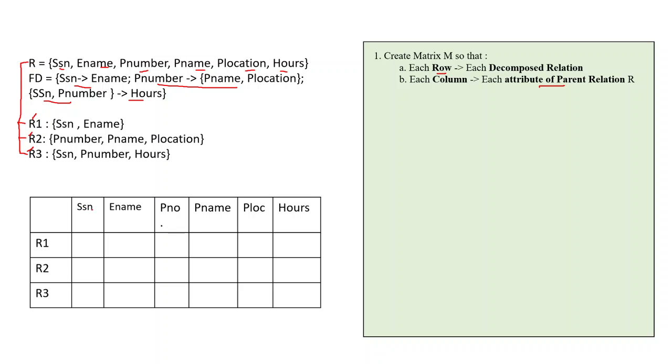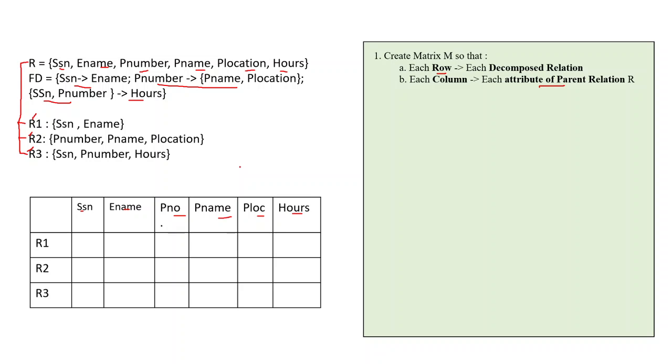These column names are the attribute names of the original relation R: SSN, ename, pnumber, pname, plocation and Rs. Here pno corresponds to pnumber and ploc corresponds to plocation. I hope you understand that. I have used pno and ploc because of space constraints.